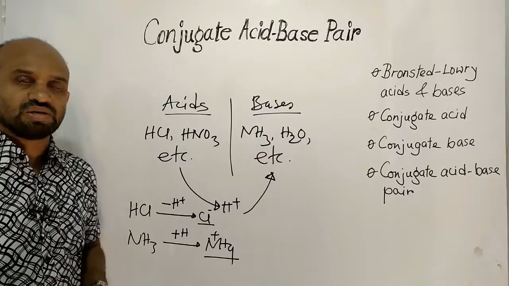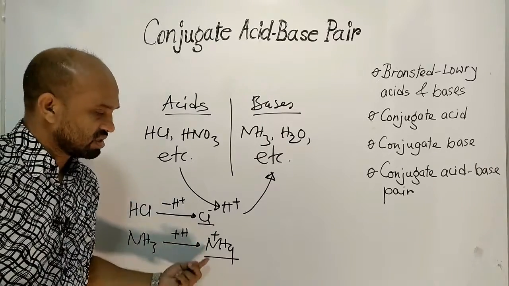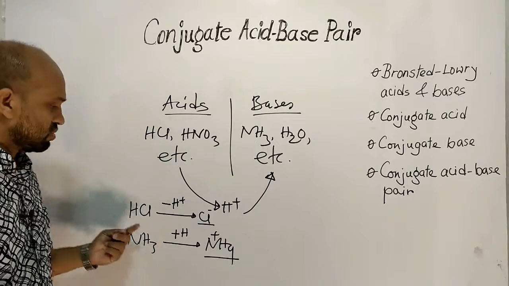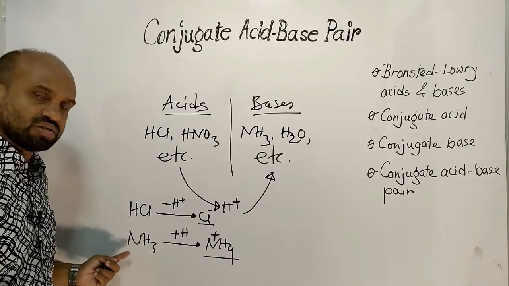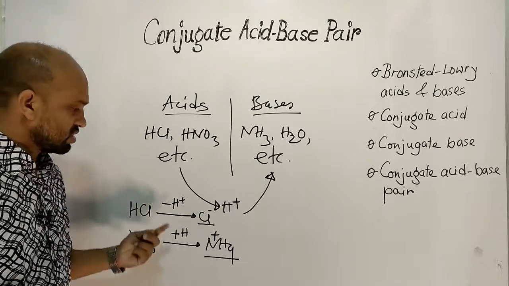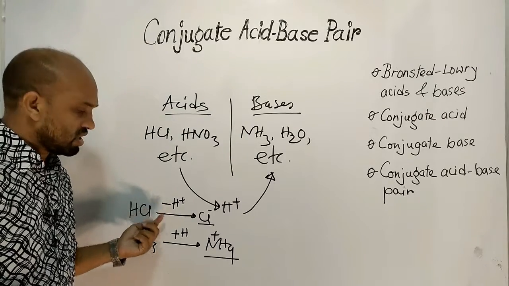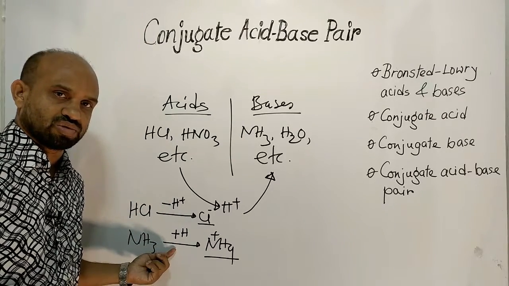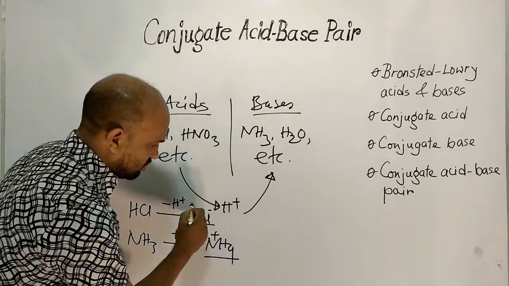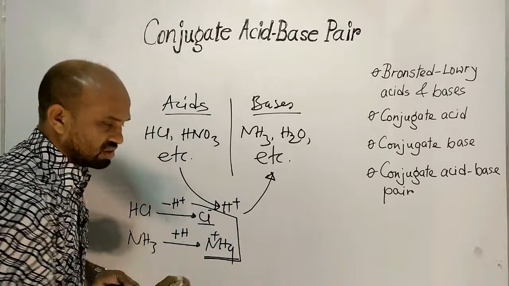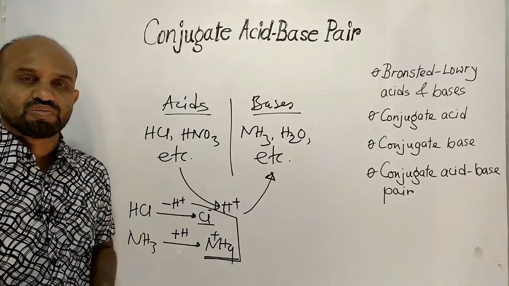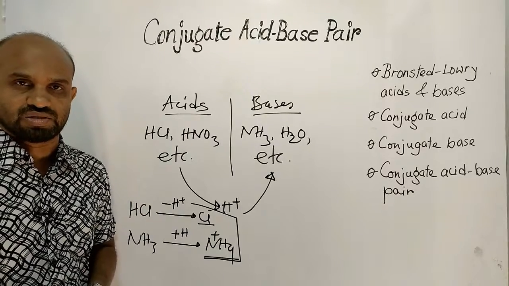Now let's see the nature of ions produced from Bronsted-Lowry acids and bases after losing protons and after gaining protons. So now the point is the nature of ions produced from Bronsted-Lowry acids and bases.